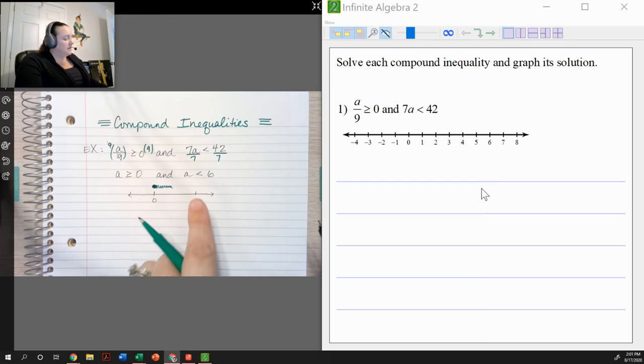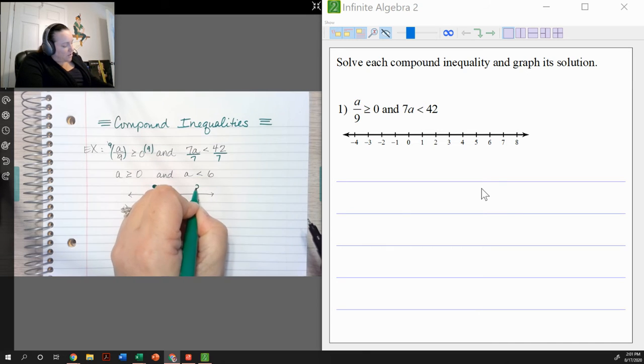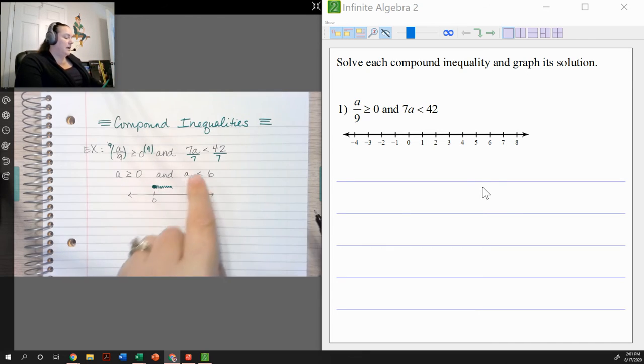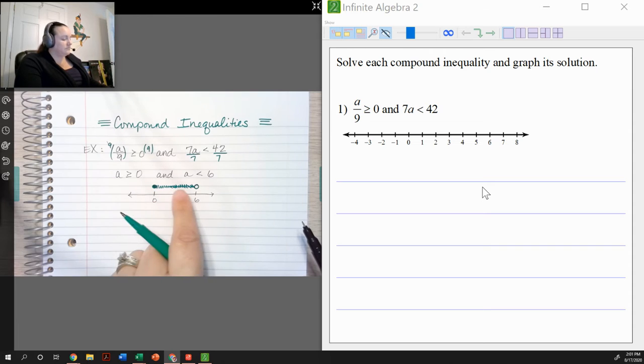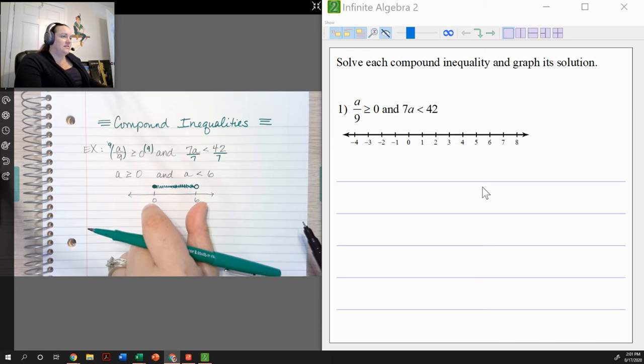Now a is less than 6. If it's less than, it's an open circle, and I shade to the left. So now I have shaded in between. This is my final answer.